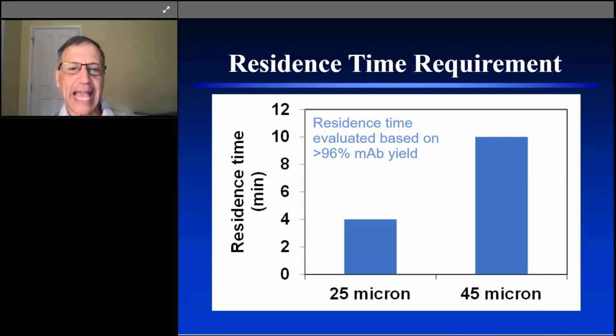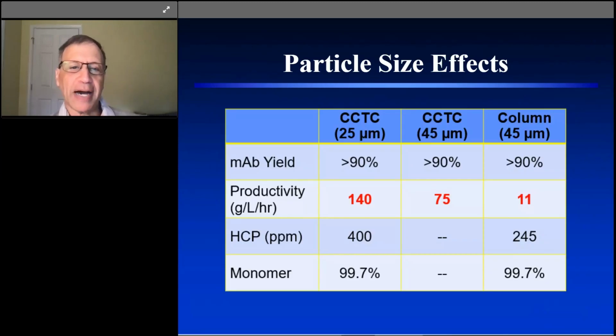And thus we could get much shorter residence times in our binding step compared to what one would achieve with 45 micron particles. This smaller residence time allows us to develop a higher productivity continuous chromatography system.